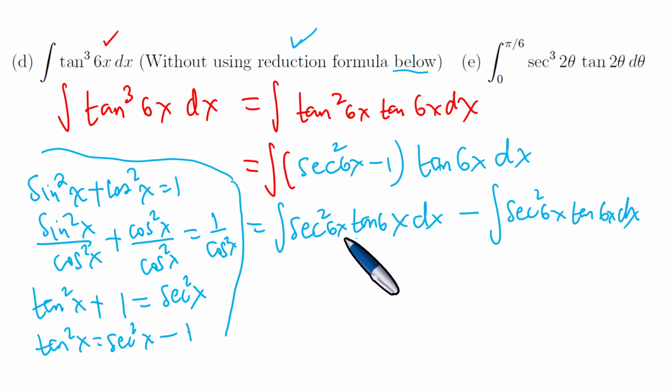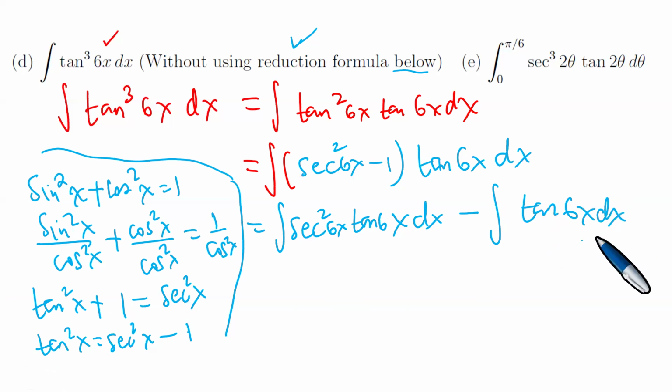Now, if you let u be the tangent, then the derivative of the tangent is what? The derivative of the tangent is the secant squared. Okay. Now, if you check the multiplication, this must only be the tangent. So this one is only going to become the tangent of 6x dx.